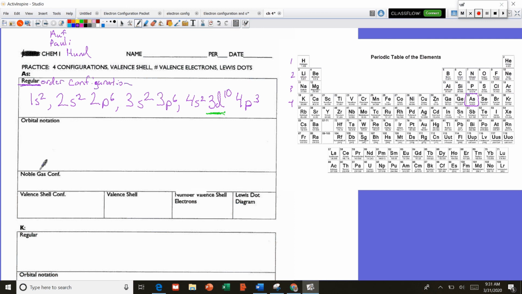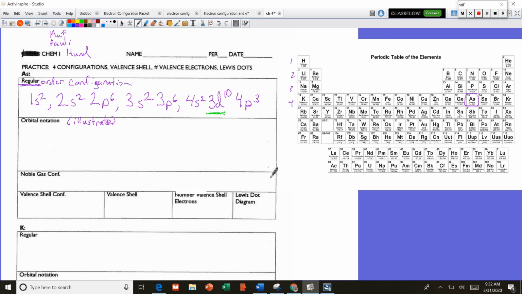Orbital notation is just a way to illustrate, so it's more of a drawing of what we just did here. And I've showed it to you before, but this one we have to remember about the different numbers of orientations.